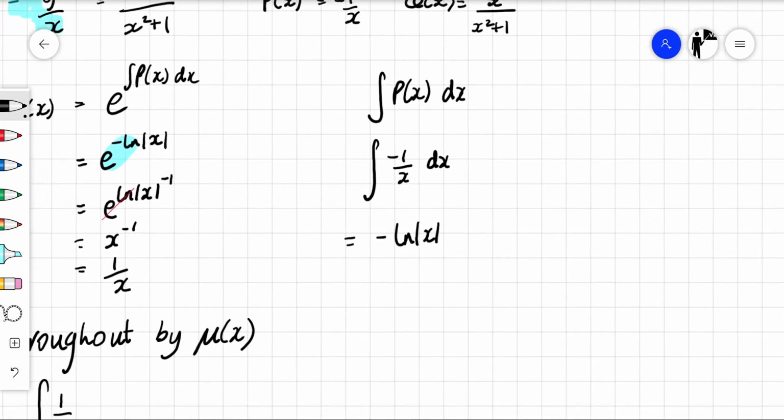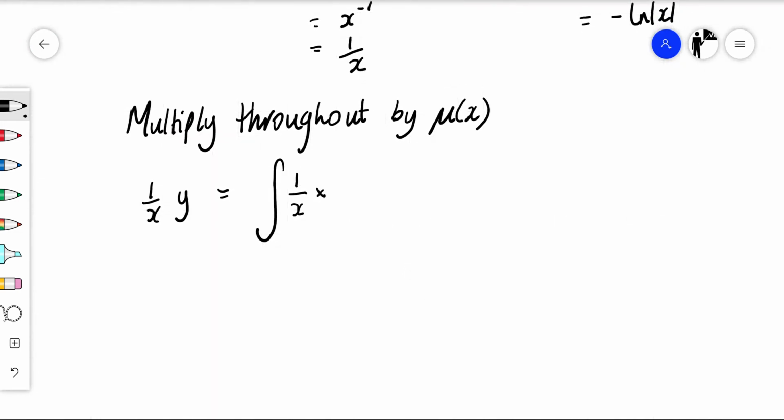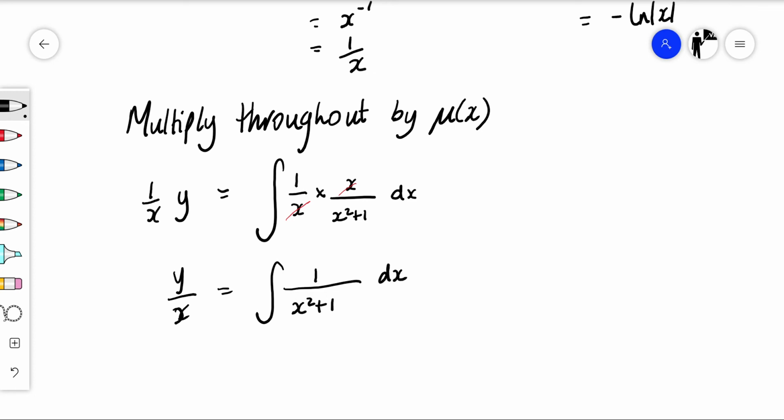And q of x is x over x squared plus 1. Okay, we can just do a wee bit of tidying up here. I'm just going to write that as y over x. That's equal to the integral of, these x's will simplify, and that'll leave me with 1 over x squared plus 1 with respect to x.